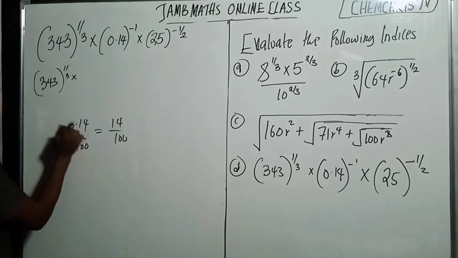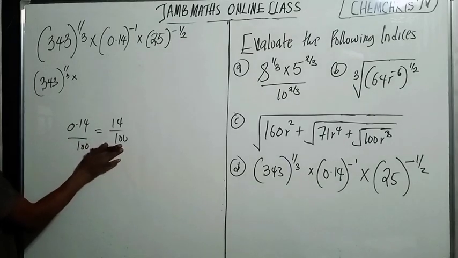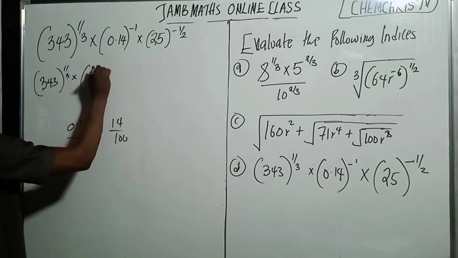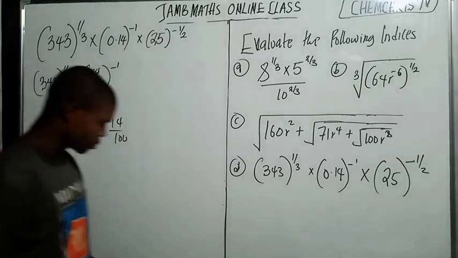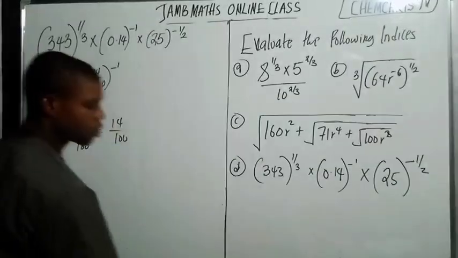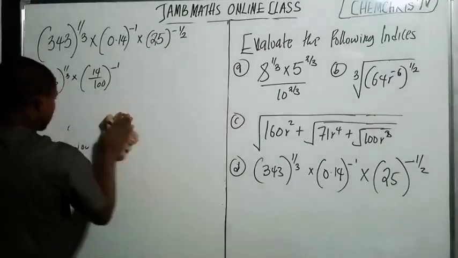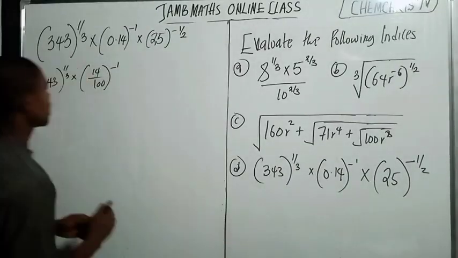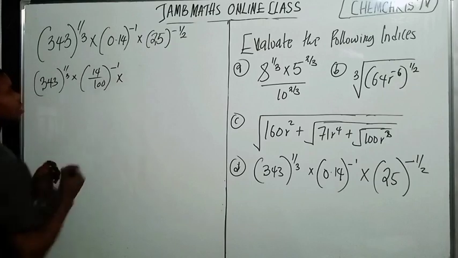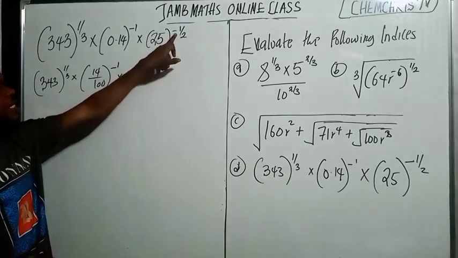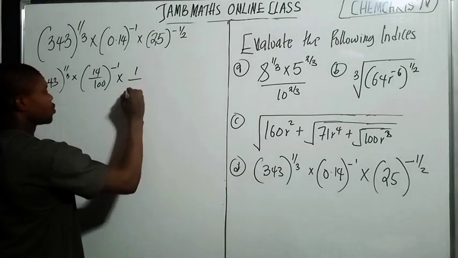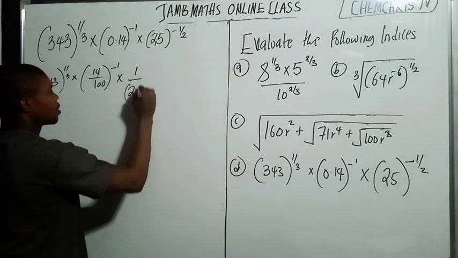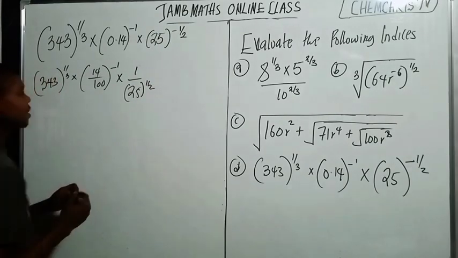So if you remove the 0 in decimal here, so what I want to get is 14 over 100 raised to minus 1, right? So that's times. Now 25. Now let's remove this minus here, right? So it will be 1 over 25 raised by 1 over 2, right?